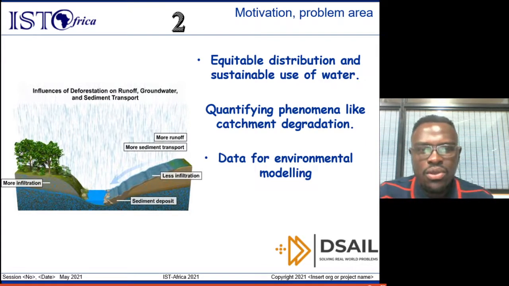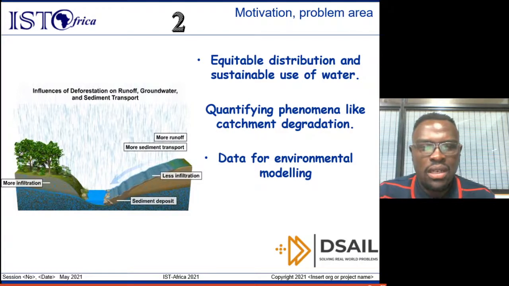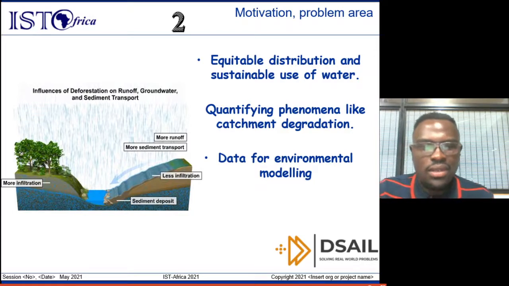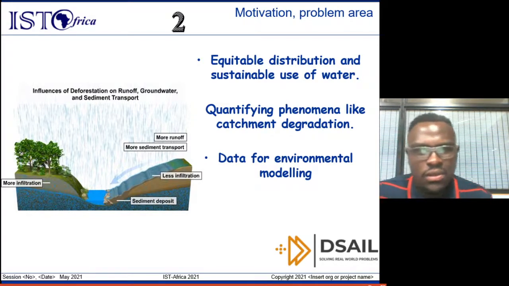Using that, you are able to determine the rate at which the catchment is degraded, or the degree of degradation, using the data collected. Also, nowadays there is high demand for data for environmental modeling. You can use water level data to build prediction models for the river, maybe to study past trends, and also to study future trends of the water level in the river, considering other factors.